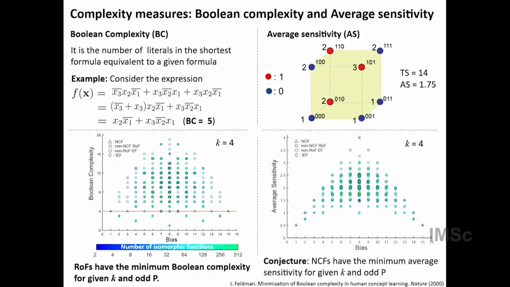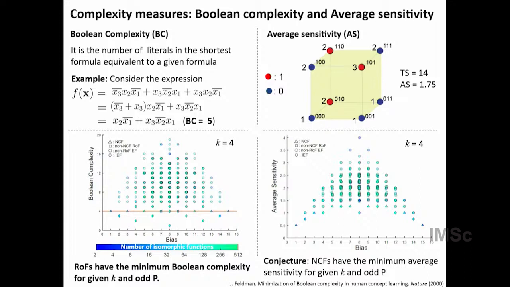And so then what we did is that this is an exact computation, so there is no problem here. And so one can essentially do a calculation of all the 65,536 functions again and see how these different types of Boolean functions, where do they lie in this. Very interestingly, if you notice that at each of these odd bias values, you can look at all these triangles, these are the NCFs.